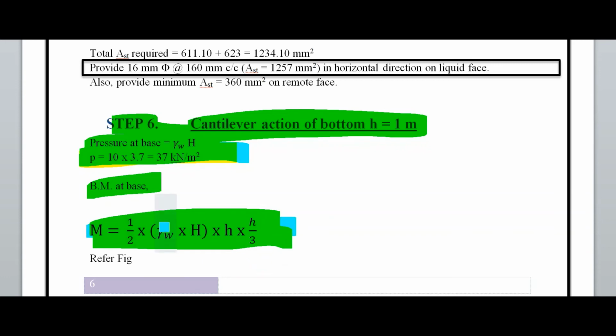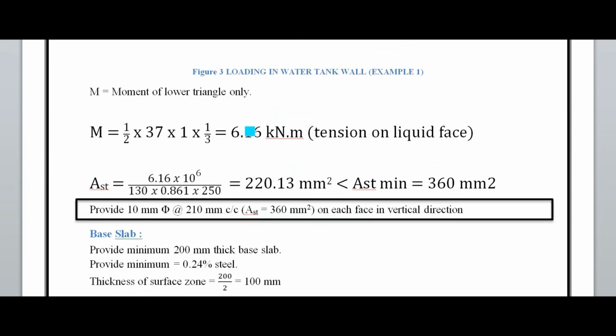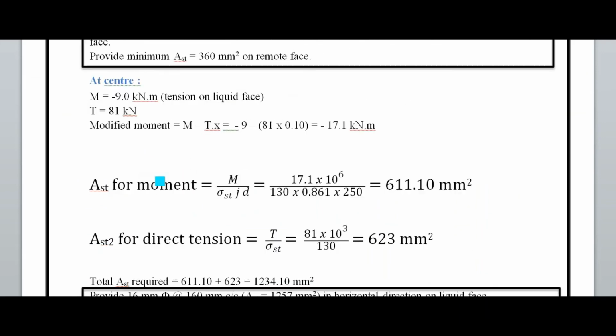So 1/2 into gamma W into capital H into small h by 3. By this we can find the moment is 6.616 kilonewton meter, with small h as 1 meter. So tension on the liquid phase. So AST, same equation here, M divided by sigma st into j into d.